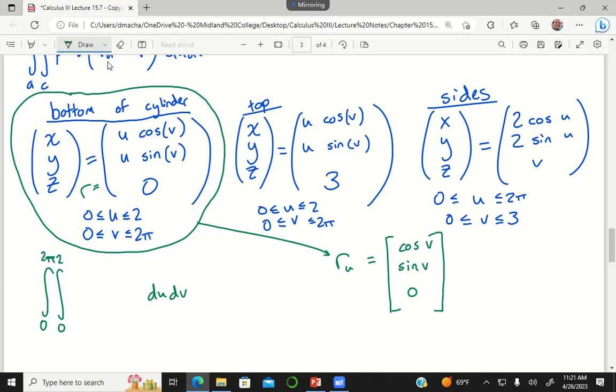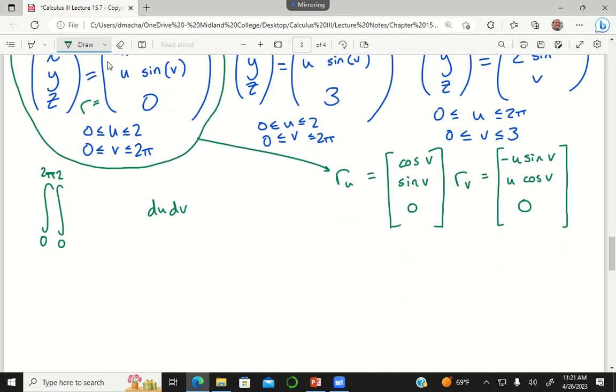And then if I want the partial with respect to v, the derivative of cosine is negative sine. So negative u sine v. The derivative of sine is cosine, so I write u cosine v, and then 0.